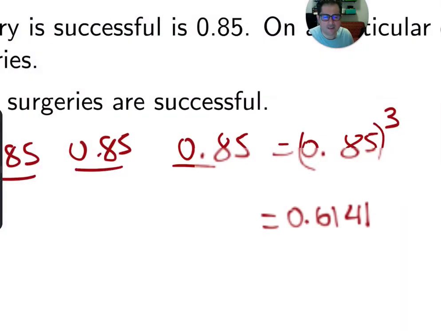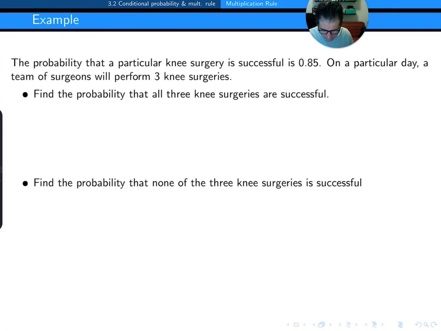Now the second example I'm going to ask here is: find the probability that none of the 3 surgeries are successful. If it wasn't successful, that means that it was a failure, and that's going to be 15%, right? So it's a 15%, or 0.15, chance of being non-successful, and for all 3 it's going to be the same logic.